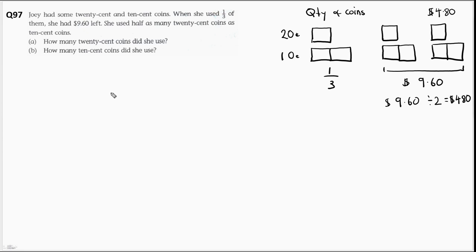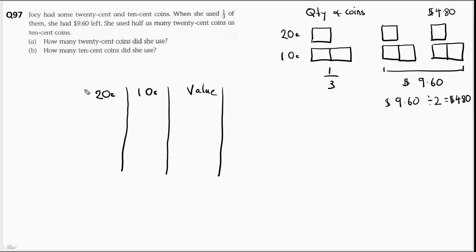So we've got a table with 20-cent coins, 10-cent coins, and then value. We can see that for every one 20-cent coin we use two 10-cent coins. That's the proportion we are given.